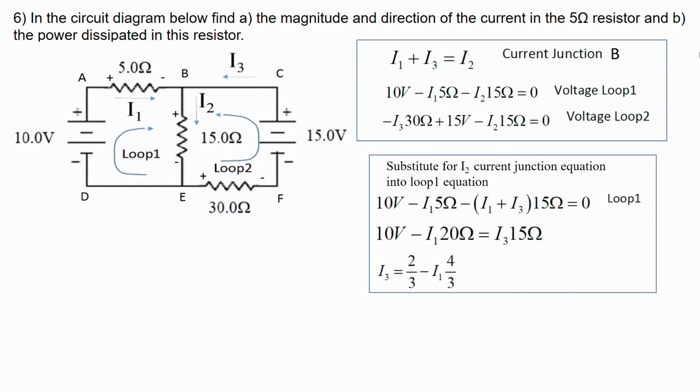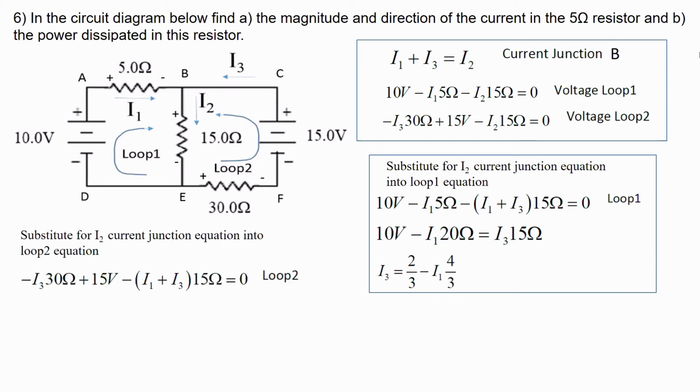Okay. Same thing for loop 2. We want to get rid of, we'll eliminate I sub 2. We'll do the same thing. Again, this is this equation here. We've already made the substitution. Okay, now same thing. We want to combine terms.